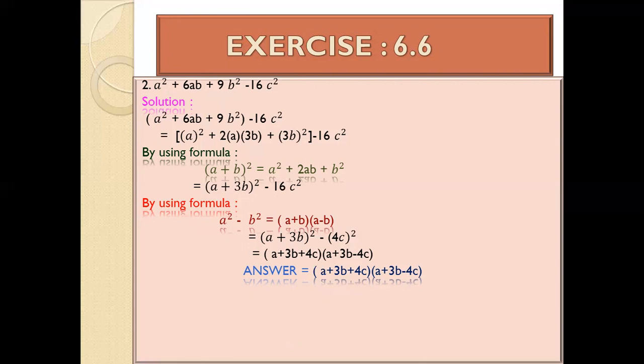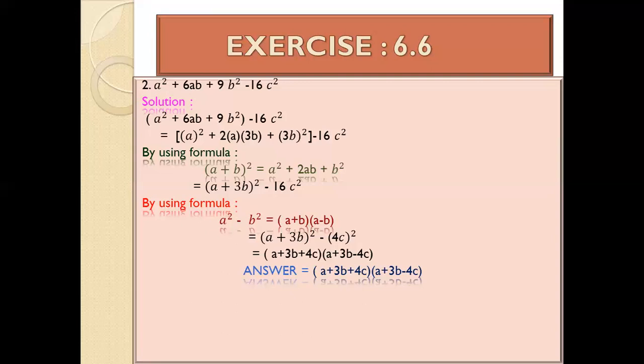A. And 9b square is a square of which number? 3b, because the square root of 9 is 3. So we apply the formula, put the values in the formula. A square plus 2 into a into 3b plus 3b whole square, and minus 16c square is outside the bracket.